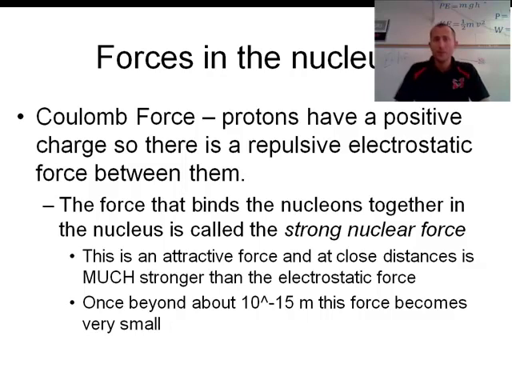And the reason for that is twofold. One, there are more protons, and so there's more of that repulsive electrostatic force pushing away. But additionally, at some point, the size of the nucleus actually gets larger than the distance over which that strong nuclear force can exert itself.